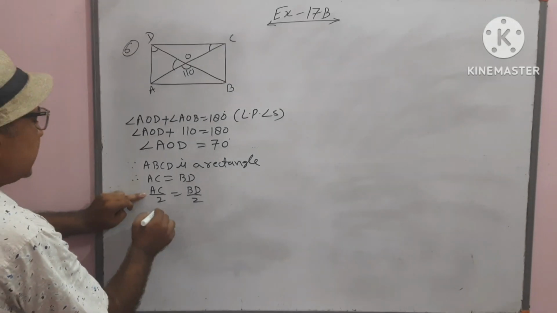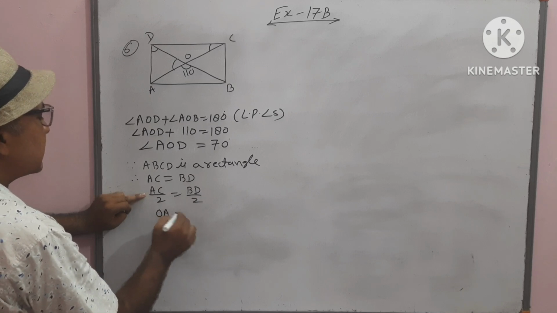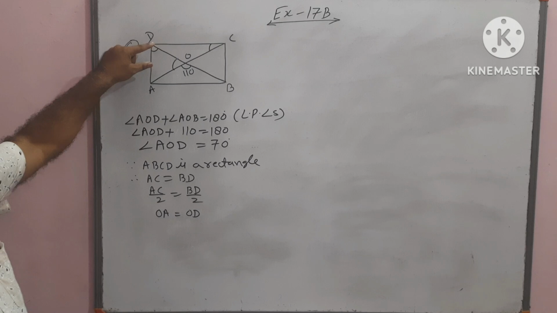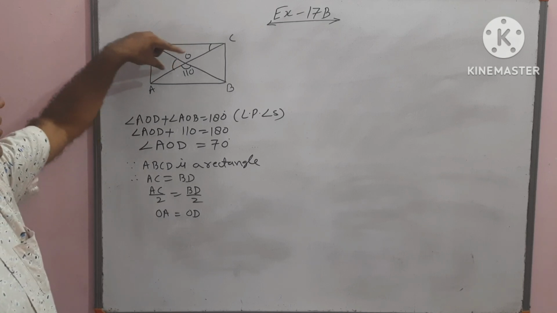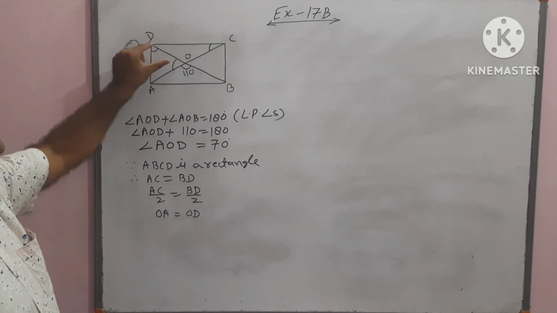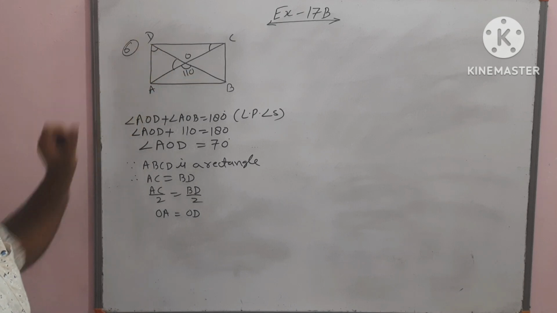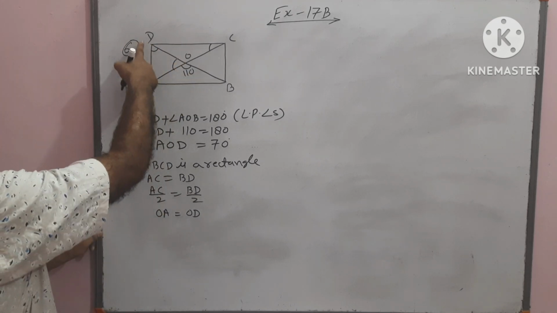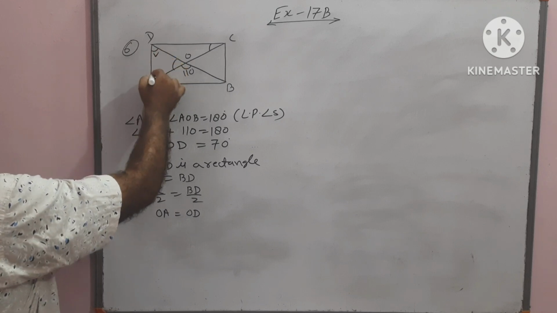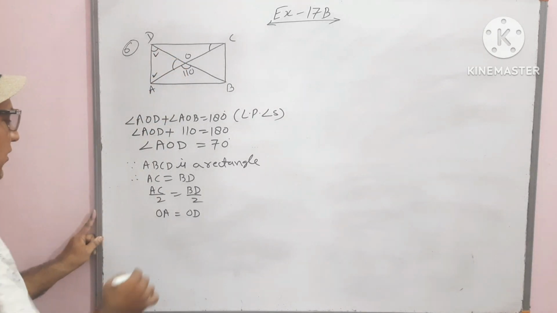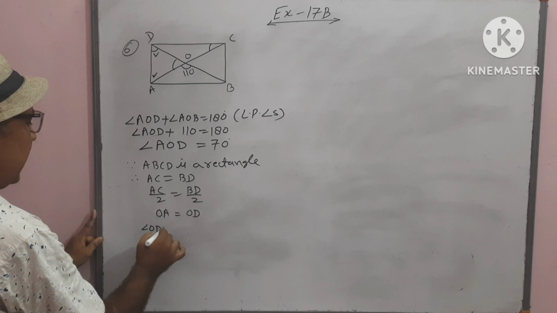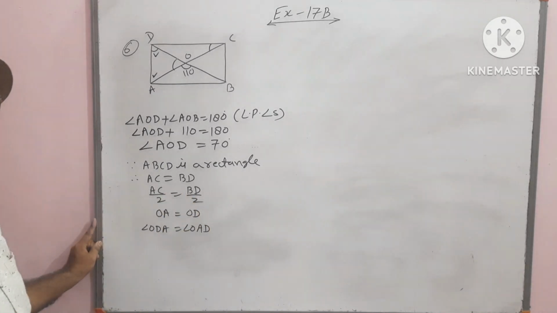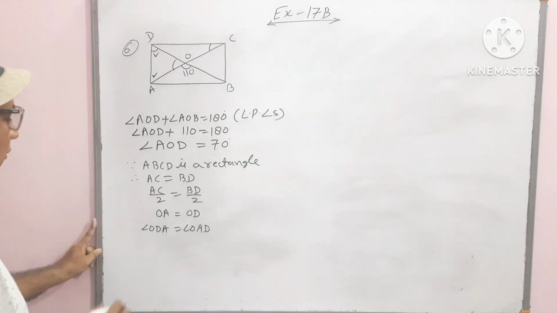But AC by 2 can be written as OA and BD by 2 can be written as OD. Okay, because OA is half of AC and OD is half of BD. Now watch carefully. If OA and OD are equal, then these two angles will also be equal. That means angle ODA is equal to angle OAD. These two angles we have got.